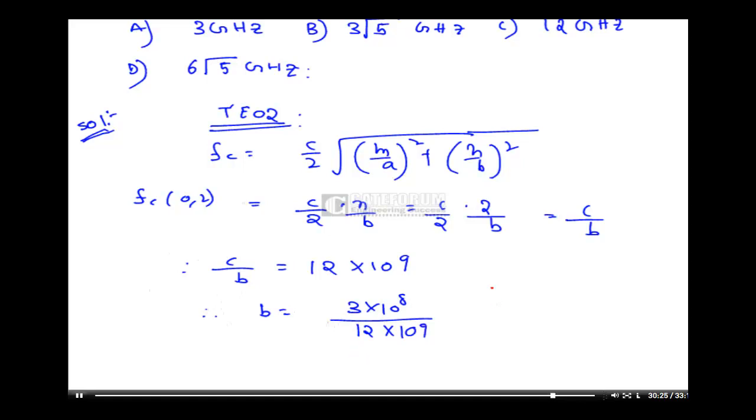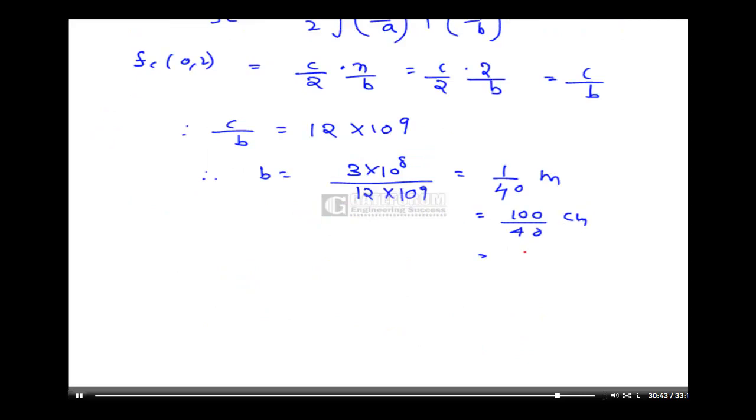That is equal to 1 by 40 meters, or 100 by 40 centimeters. So 100 by 40 is 10 by 4, that is 5 by 2 centimeters. 5 by 2 centimeters is the B value.